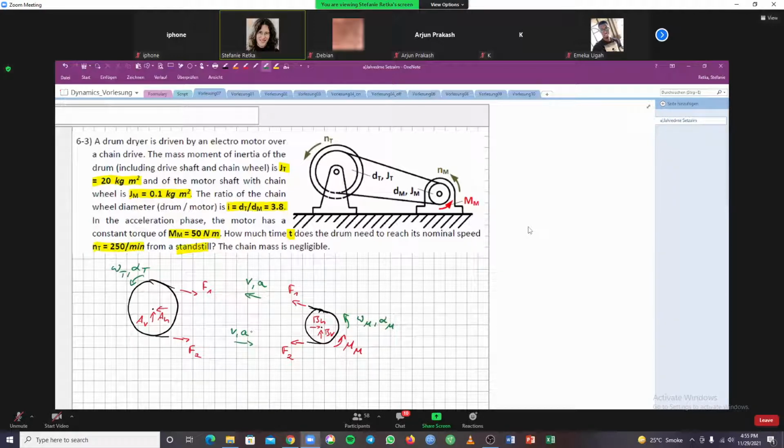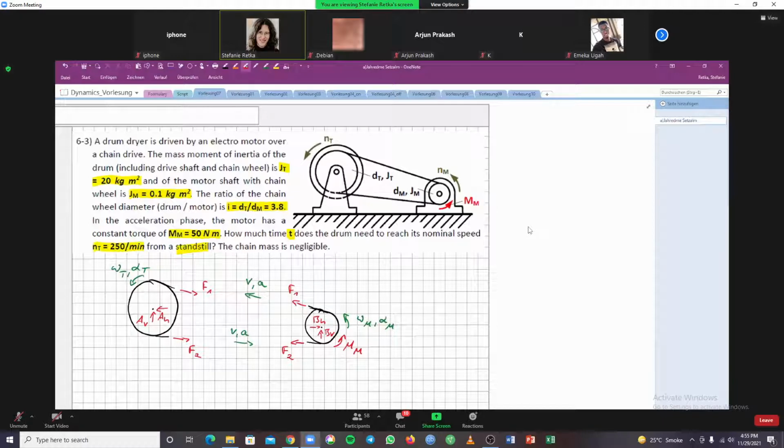Now the mass moment of inertia are given, and this indicates that our drum and the motor itself do have a mass that we need to consider in our computations. And due to the mass, they have an inertial moment that is acting against the change of motion, our J times alpha.